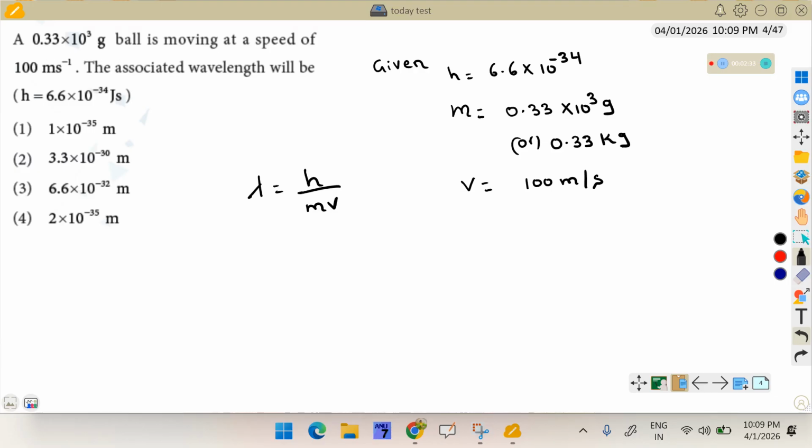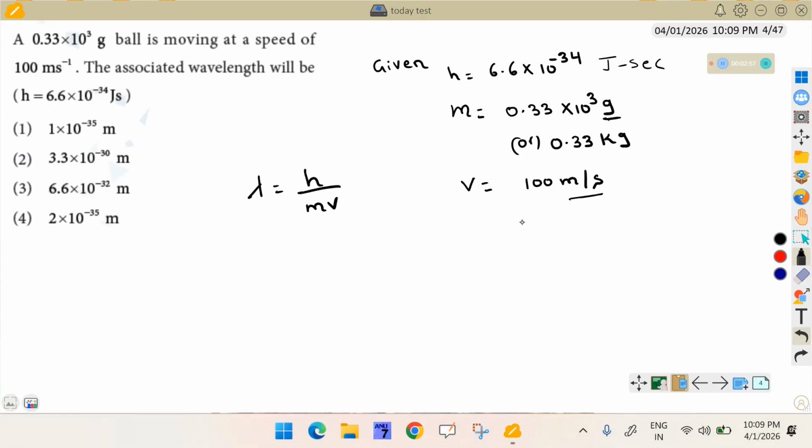Mass is given in terms of grams, velocity is given in terms of meter per second, Planck's constant value is given in terms of joule seconds. So mass is converted to kg.